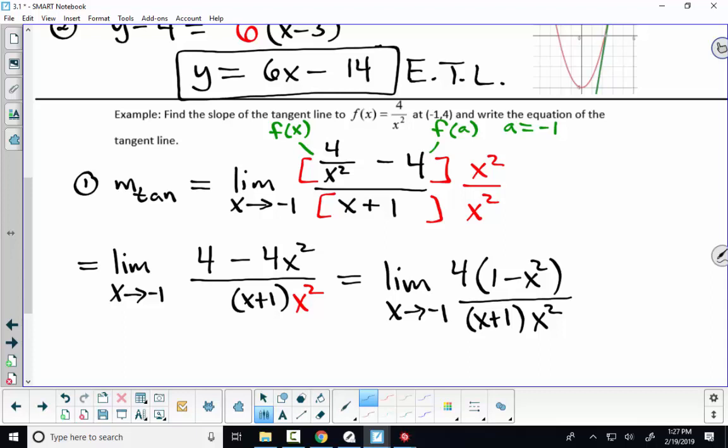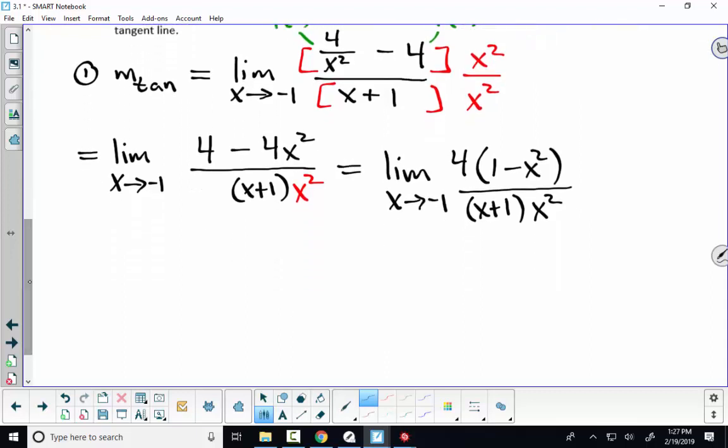Is that helpful? Yeah, because what do we know about 1 minus x squared?